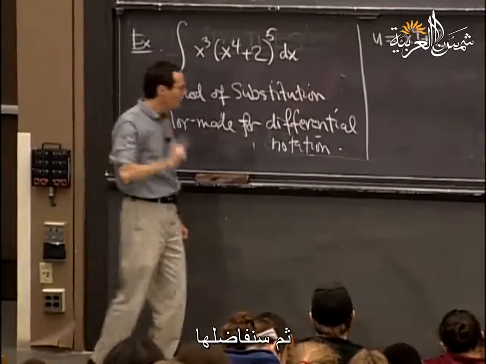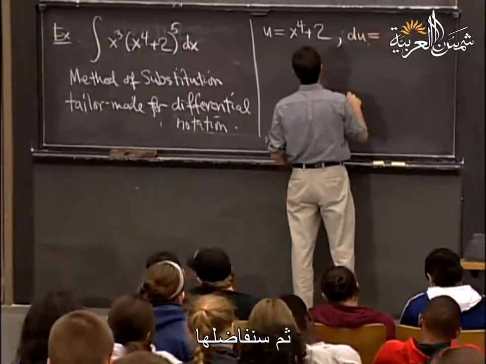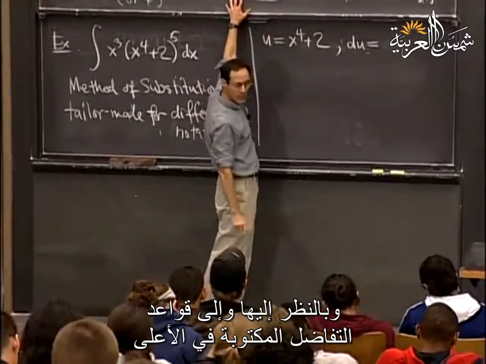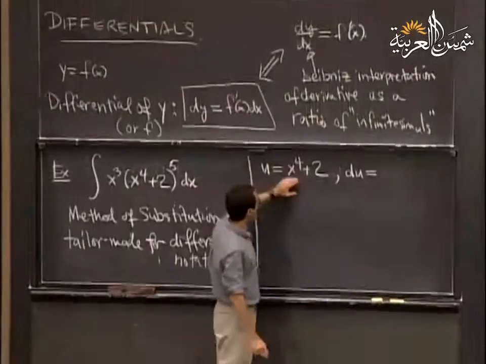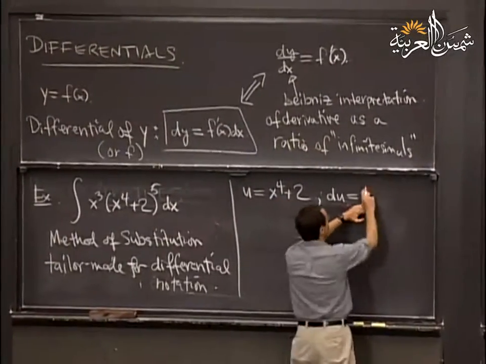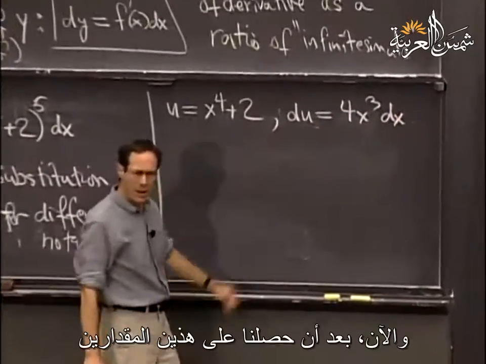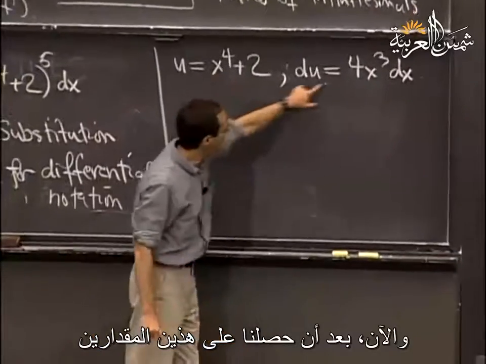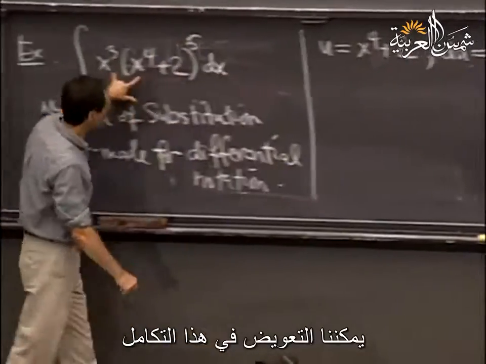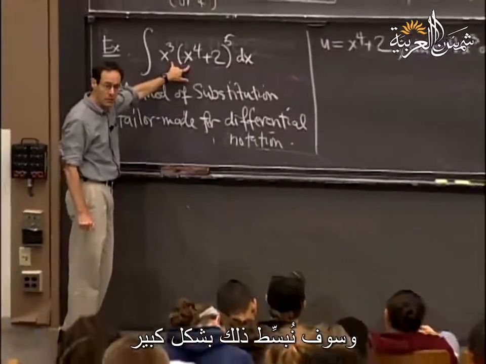And then I'm going to take its differential, and what I discover, using the rule for differentials, which is right here, is that its formula is 4x cubed dx. Now, lo and behold, with these two quantities, I can plug into this integral, and I will simplify it considerably.